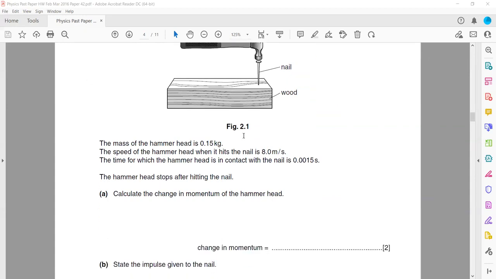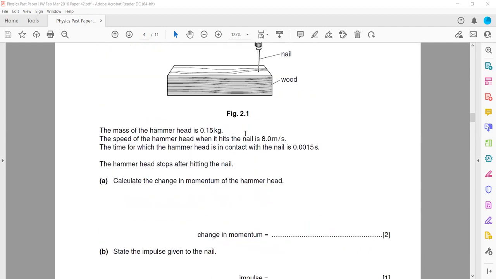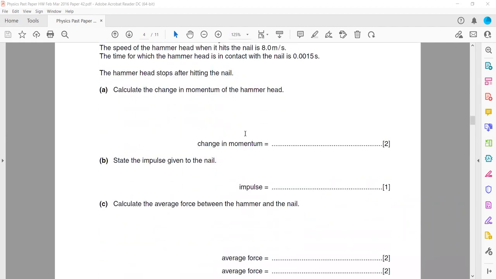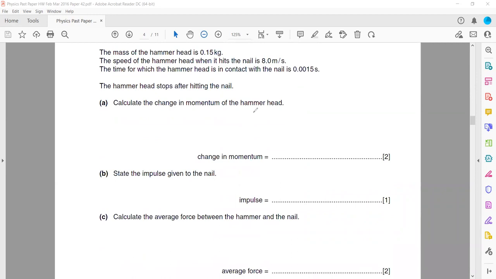So for part B, we don't have to calculate anything. And remember, the direction will be opposite. If one is negative impulse, the other will be positive impulse.